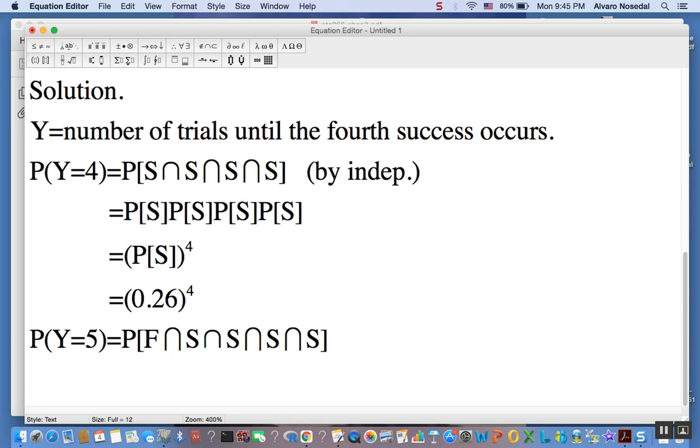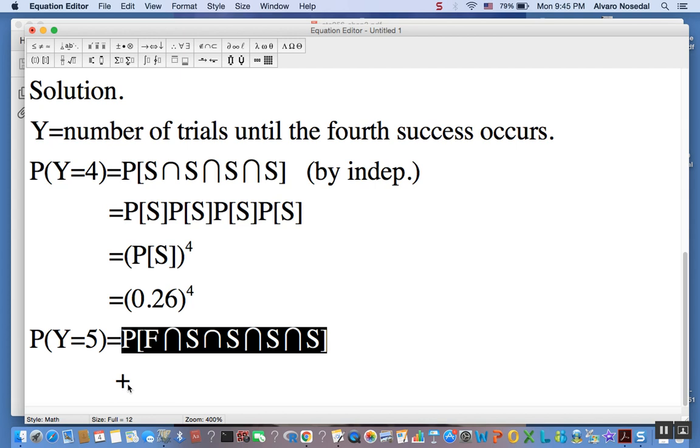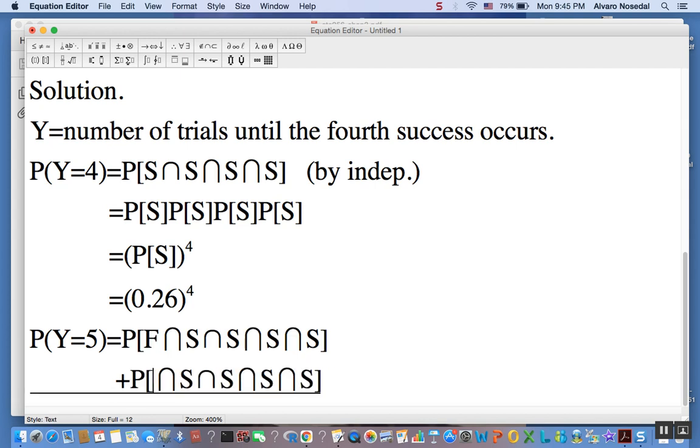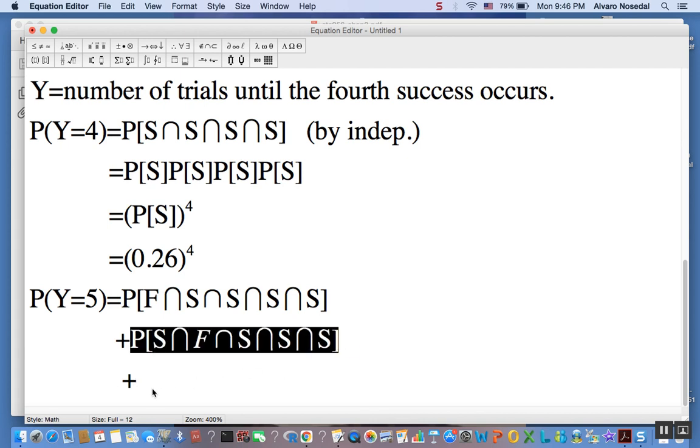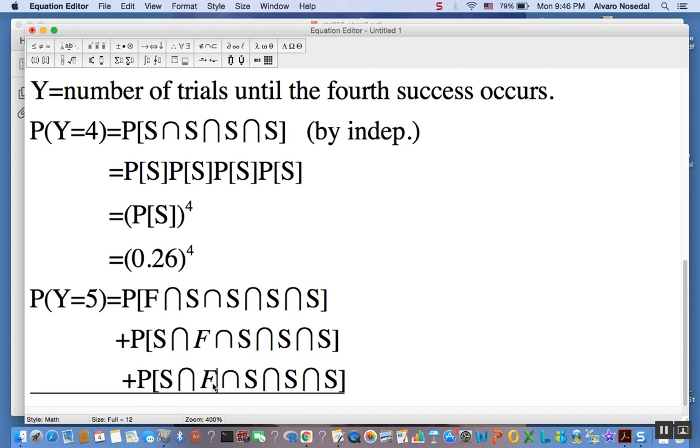Another one would be, well, guess what? The first one was a success, but the second one was a failure, and then after that only successes. Make sense? That's another possibility. Another possibility would be, as you can imagine, that the failure takes place here.